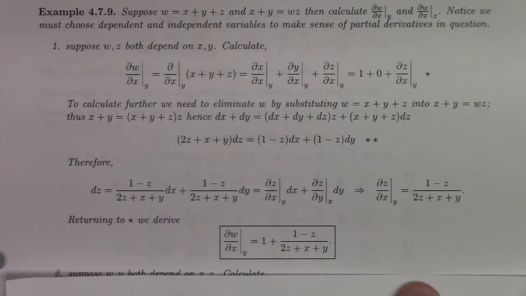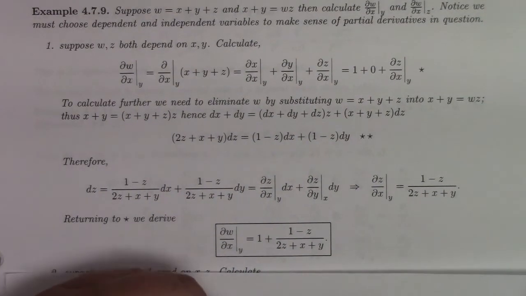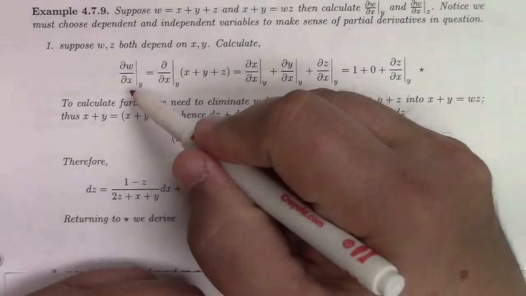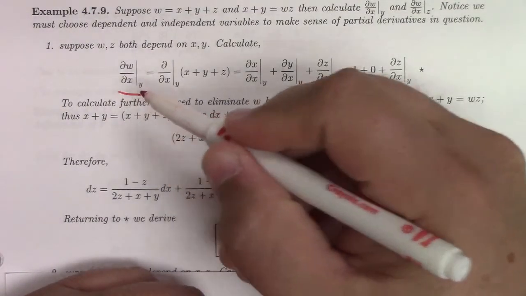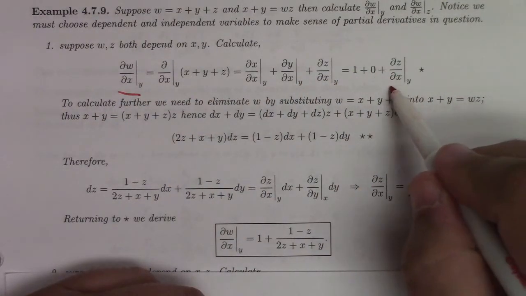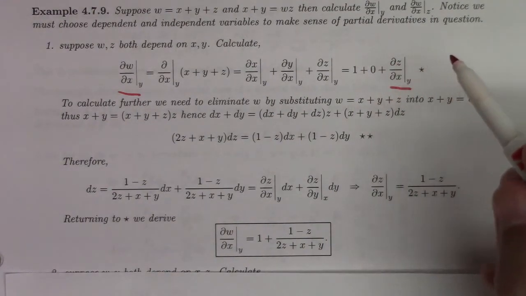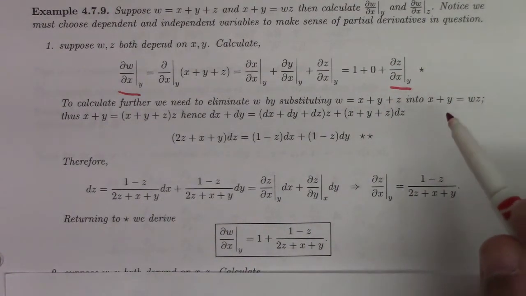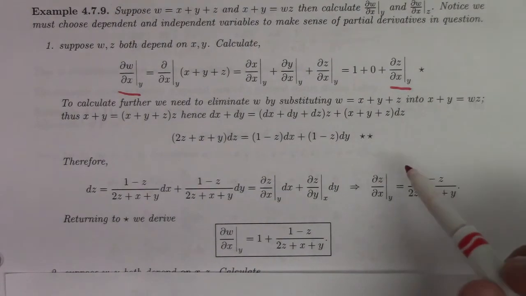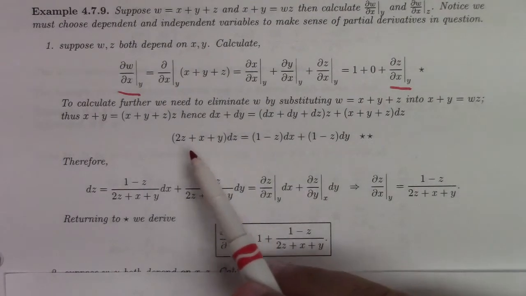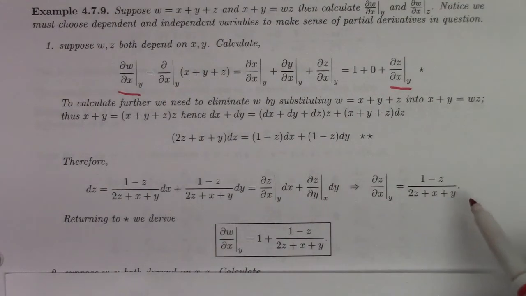I'm an idiot, guys. I'm just not seeing things clearly. Look, this says that partial w partial x is related to partial z partial x by adding 1 to it, right? So I figured out that I could calculate partial z partial x holding y fixed by this argument here, and I got that.